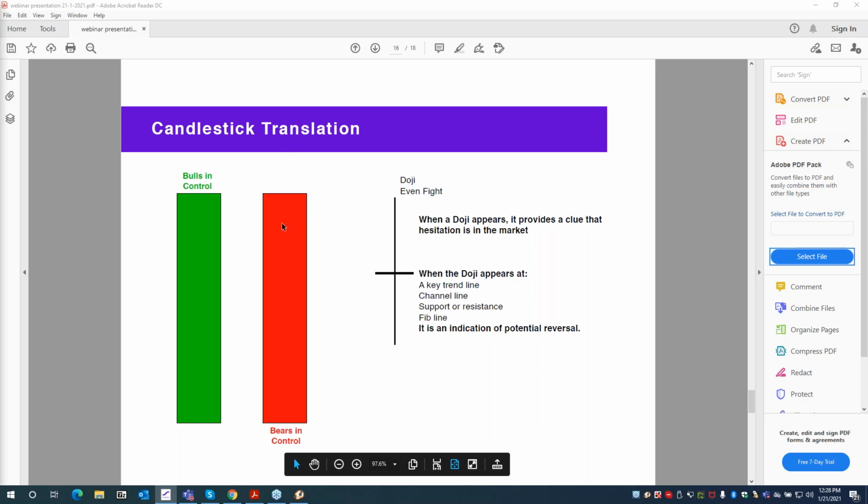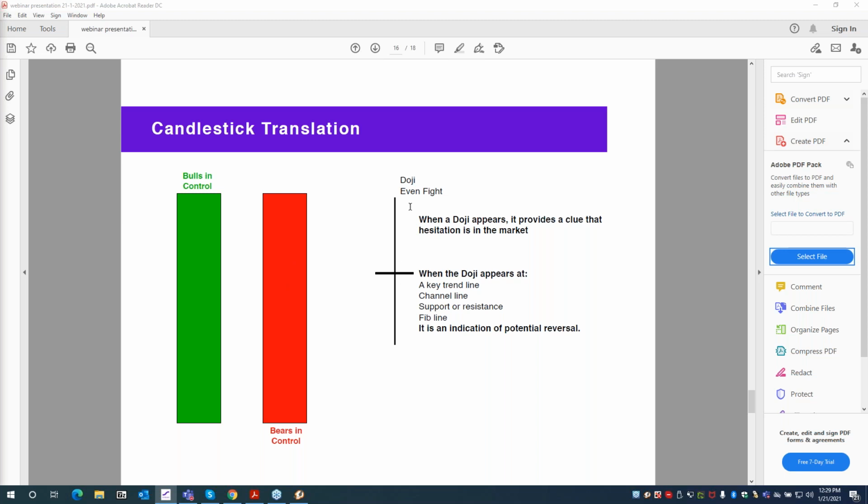Again, if you see the candlestick has no wicks and it's just a plain body, this bearish candlestick represents that the bears are in control and there's a higher probability of it moving downwards. Now remember, I say probability because it's not set in stone that of course it'll go down, but there's a much greater possibility that when you see just the body of a specific candlestick, it should be continuing in that direction.